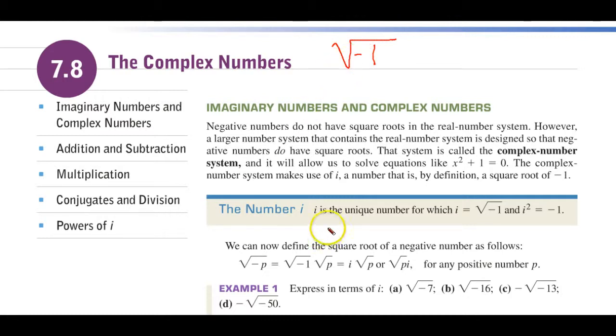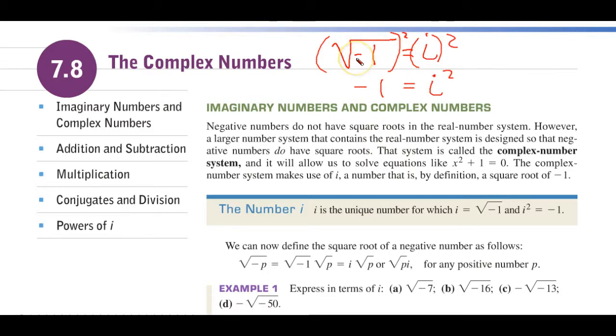In this section, we will be defining a new set of numbers in which we define the square root of -1 as the letter i. And if we square both sides, we get -1 equals i squared.